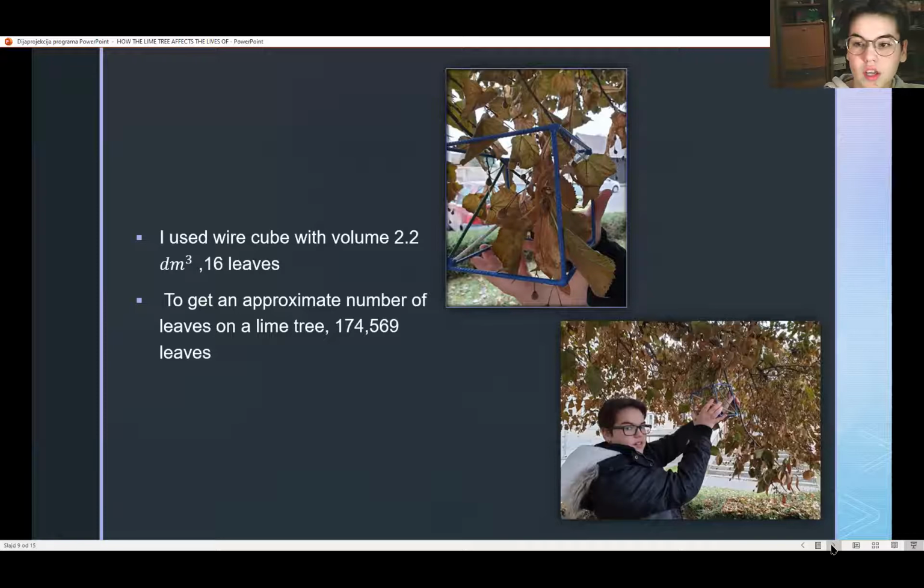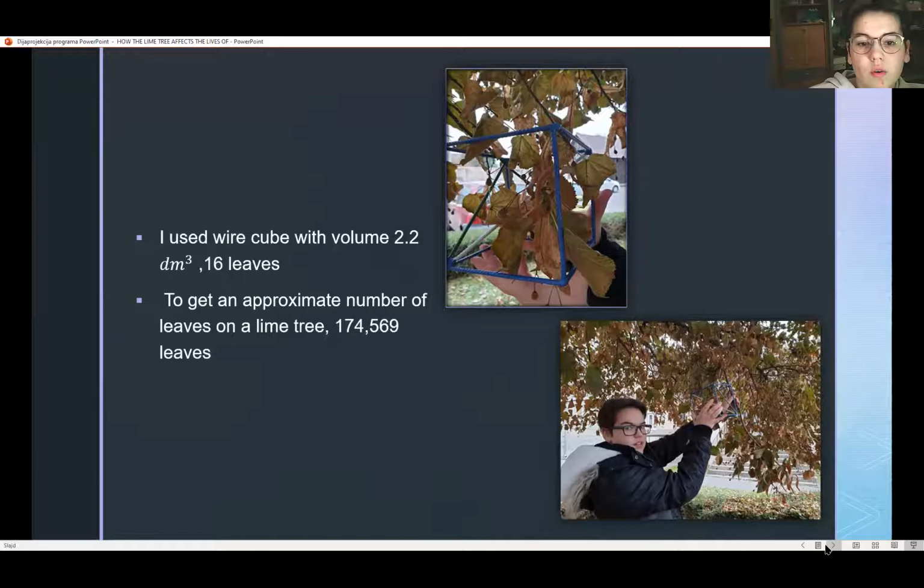Also, you will see on the next slide that I imagined the lime canopy as a cone, and with the volume of that cone, I calculated how many cubes are in the lime tree and calculated the leaves in the lime tree, which is 174,569.